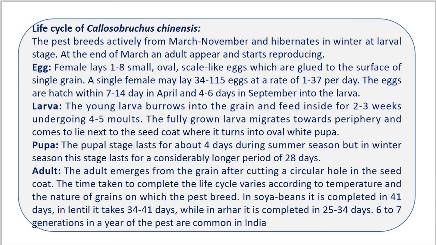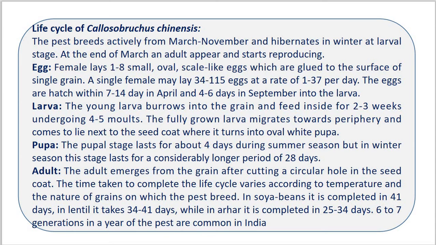Now in soybeans it is completed in 41 days. In lentils it takes about 34 to 41 days, while in arhar it is completed in 25 to 34 days. Here about 6 to 7 generations of such a pest are commonly found.